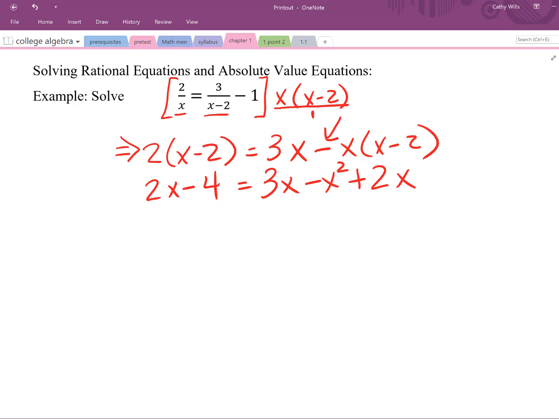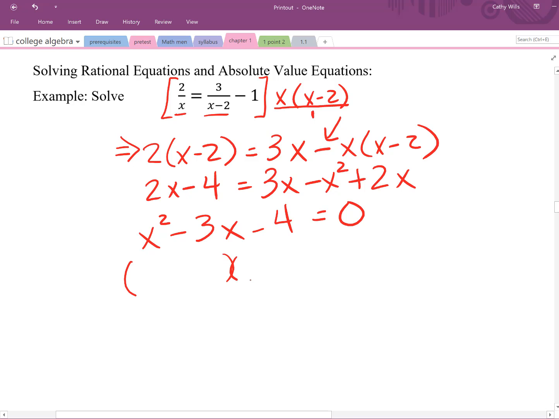We will add x squared on both sides, and we will combine our like terms, and when we do that, it will be x squared, then you've got 2x minus 5x, so that's going to be negative 3x minus 4 equals 0. That is factorable.